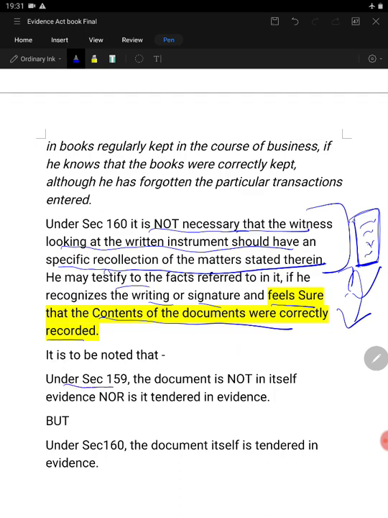So, under section 159, the document which is referred to for refreshing memory is not in itself evidence, nor is it tendered in evidence. But under 160, the document which is referred to is actually tendered in evidence.